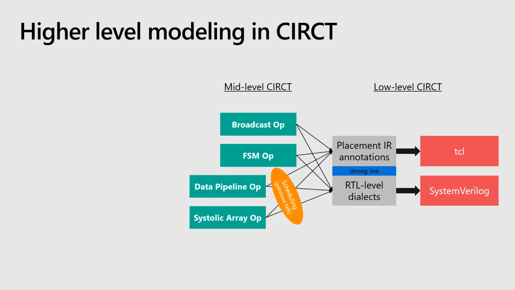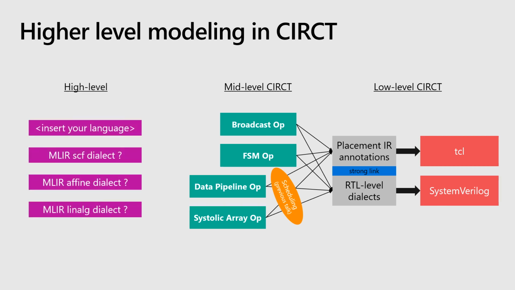Then in the near future, we're going to be creating these mid-level CIRCT operations, broadcast operations, for instance. The FSM and pipeline operations already exist in CIRCT, and we'll be looking into ways to physically optimize them. But we're primarily going to start with the systolic array operation. And we'll be using the scheduling framework that Julian just talked about to assist in that work.